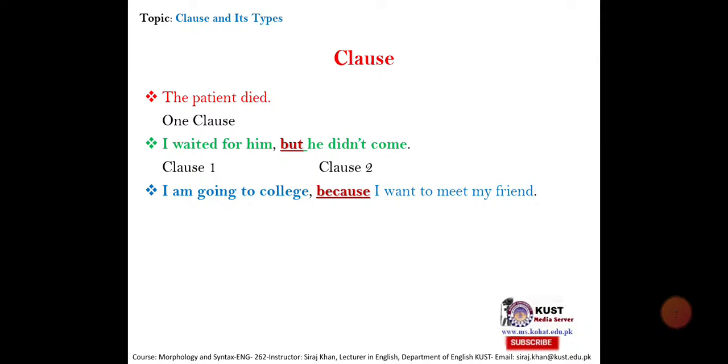So I'm going to college is an independent clause. The part where we are having a subordinating conjunction is called a dependent clause. Clause 1 is independent, clause 2 is dependent.